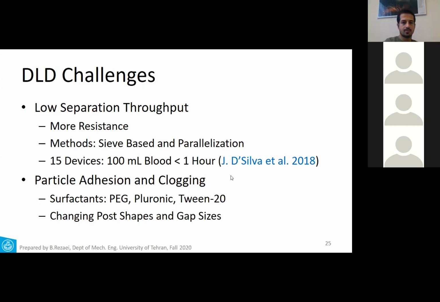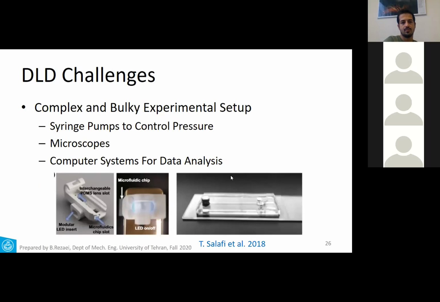And the other one is the complex and bulky experimental setup. For example, the DLD chip may be in the range of some millimeters. You can completely hold it in your hand, but it needs at least 2 syringe pumps, and the syringe pumps are very big, which makes portability very hard, and it needs microscopes and computer systems for data analysis.